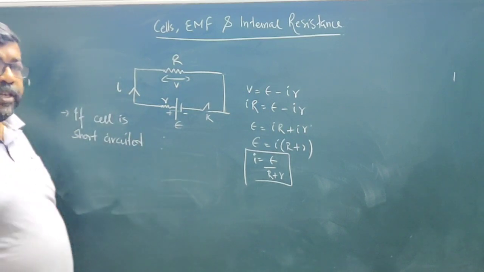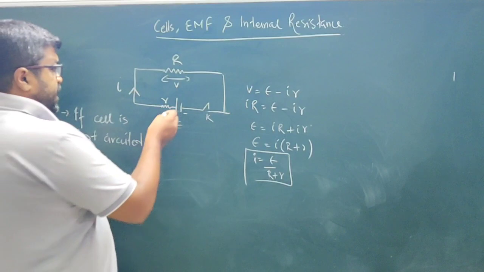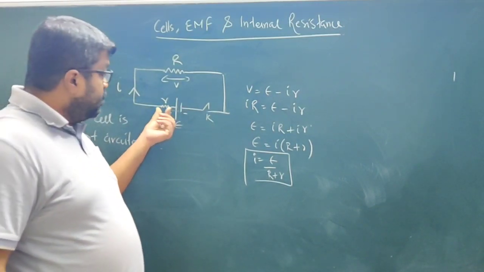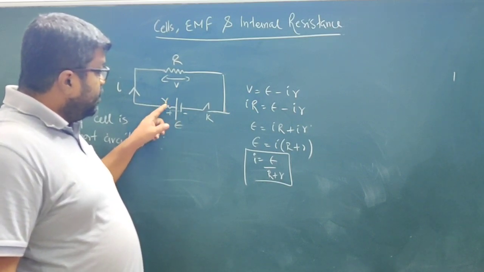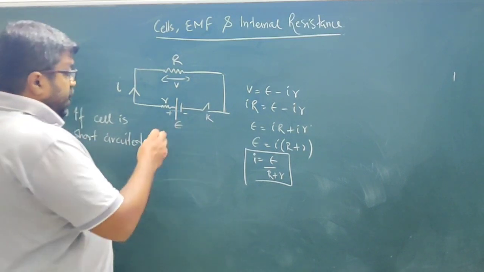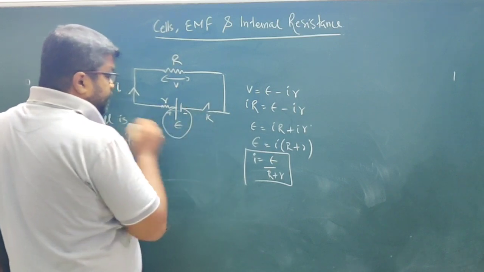What do you mean by short circuiting? Short circuiting means connecting the positive and the negative terminal. One more thing, I am repeating this concept again: though I have drawn this resistor outside the cell, actually this resistor is inside the cell. So short circuiting means I am connecting the positive and the negative terminal.